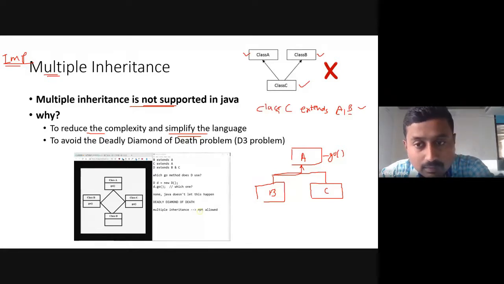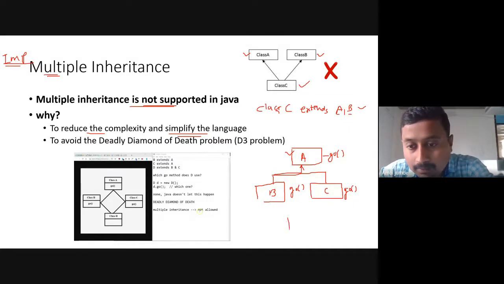Yes, this is hierarchical inheritance, right? So we have hierarchical inheritance in Java. That is fine, right? Single base class, multiple derived classes. Now through inheritance, we will have go method here also and go method here also, right?